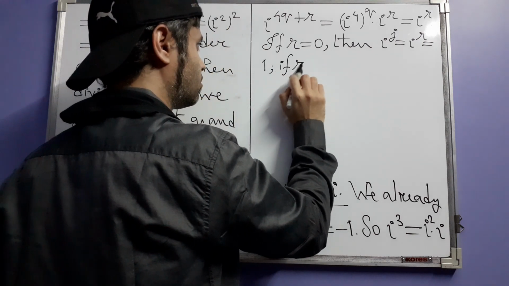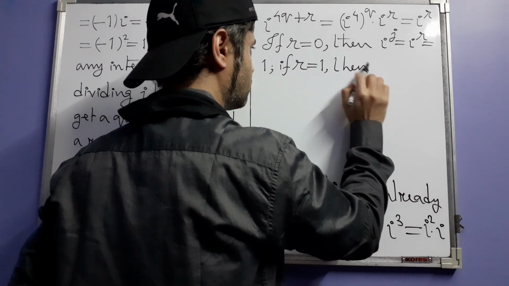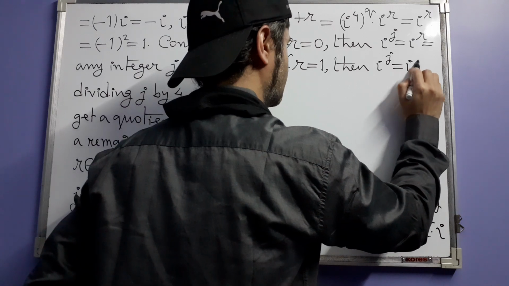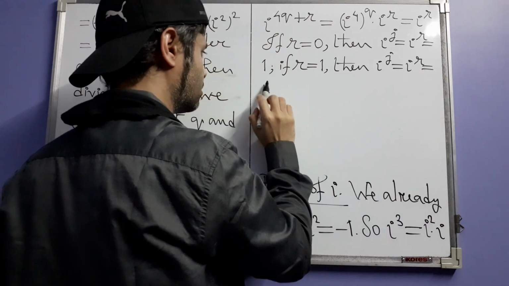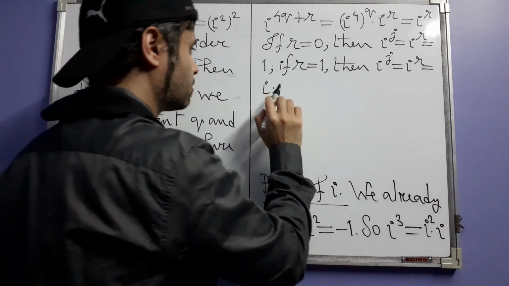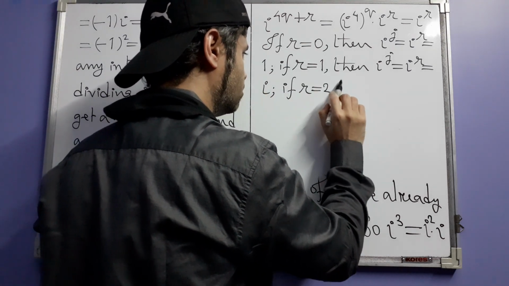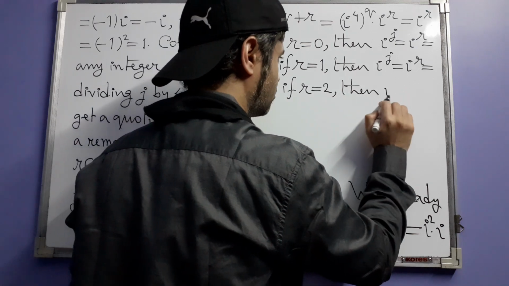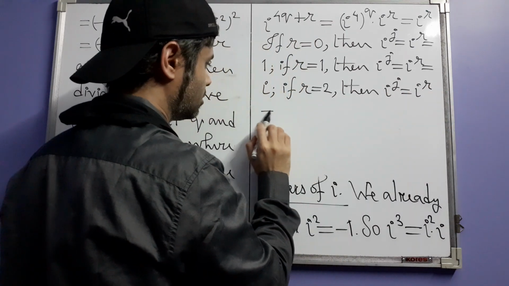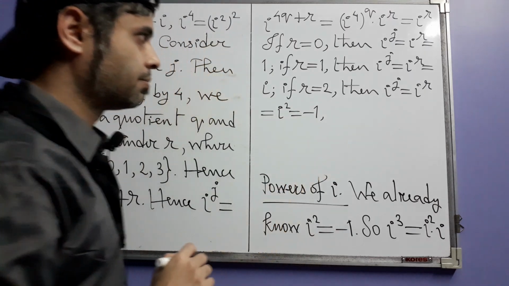If r is 1, then i to the power j equal to i to the power r is equal to i. Okay. If r is 2, then this is i square, which is minus 1.